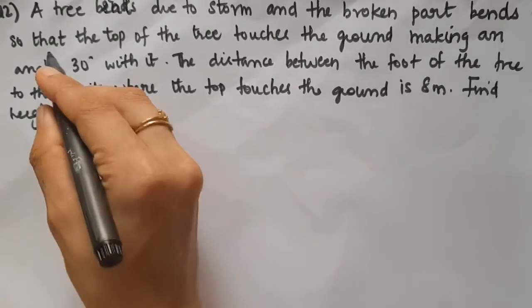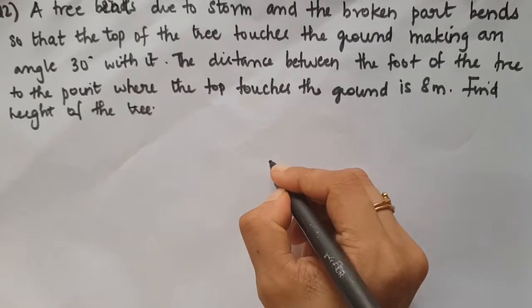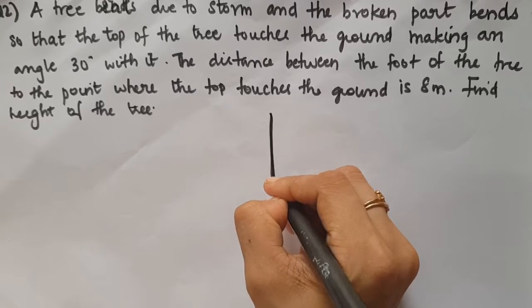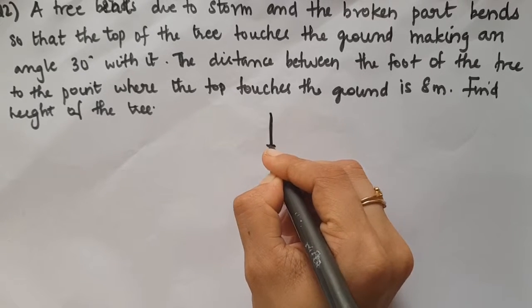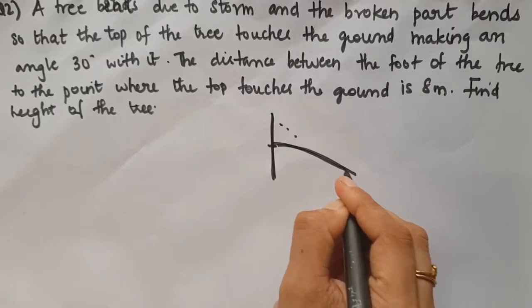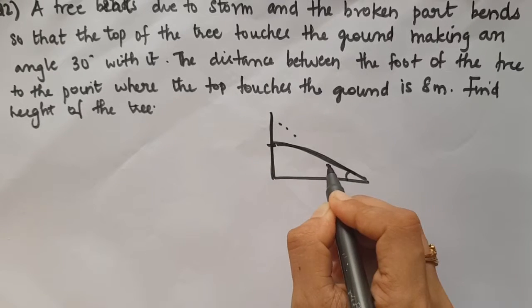The broken part bends and touches the ground, making an angle of 30 degrees with it.